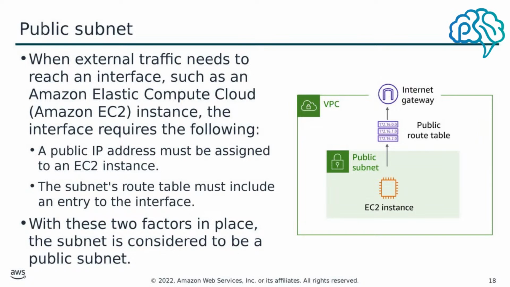And a few things to consider: when external traffic needs to reach the interface, let's say it's an EC2 instance, the interface would require the following: a public IP address that's assigned to the EC2 instance, and the subnet's route table must include an entry to the interface. Once you have both of these, then the subnet is going to be considered a public subnet.